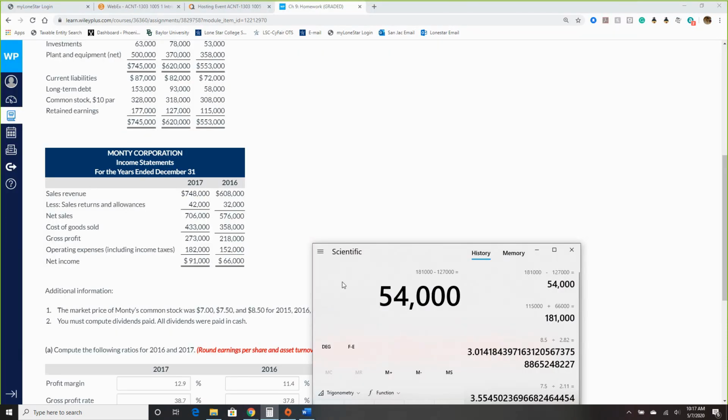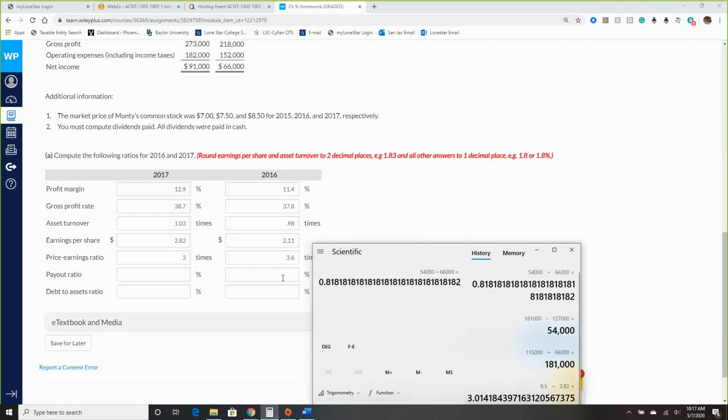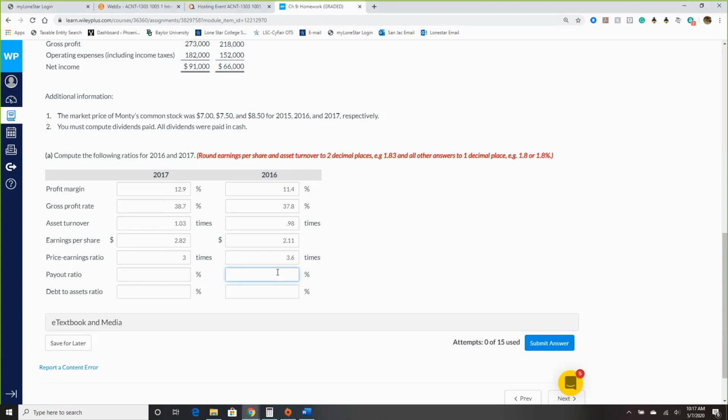So I want to take that 54,000 and divide by 66. So looks like I got a percentage of 81.8.